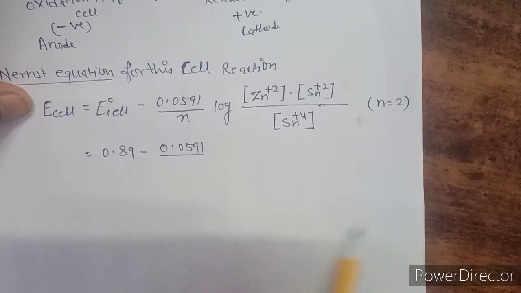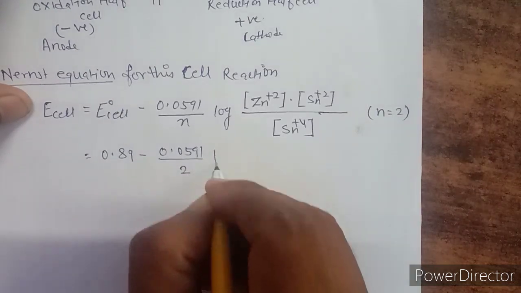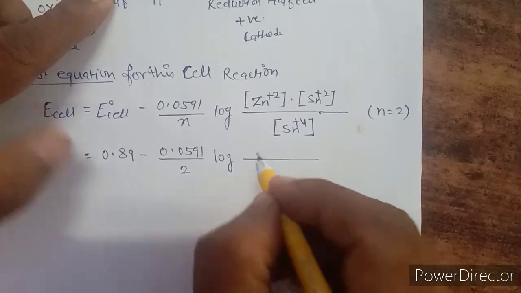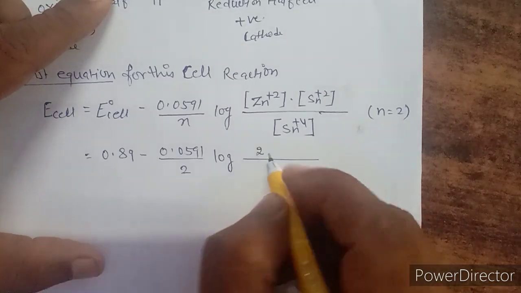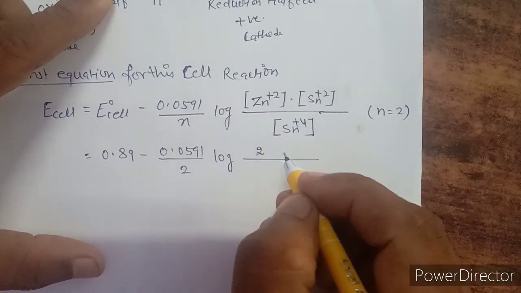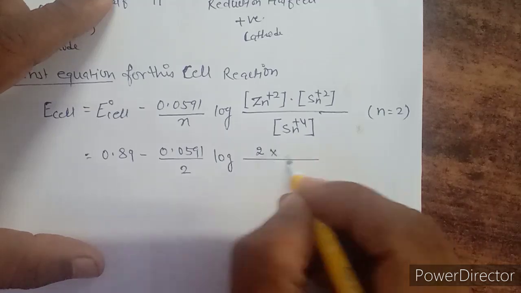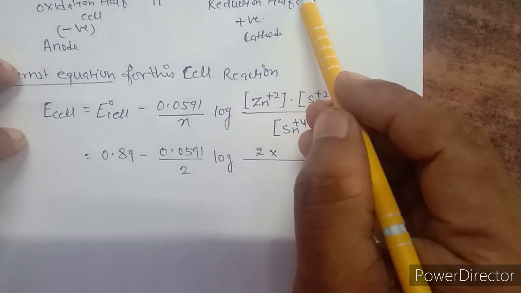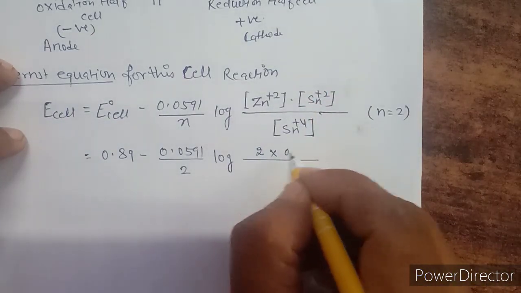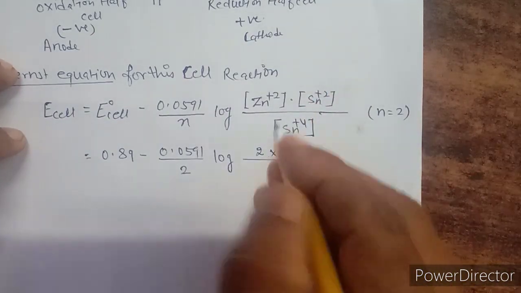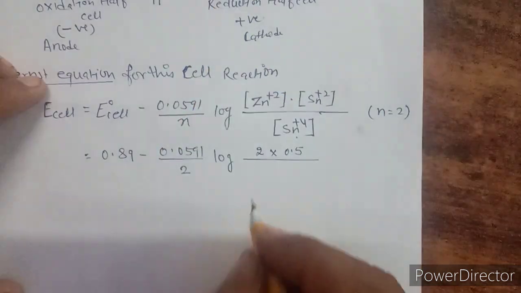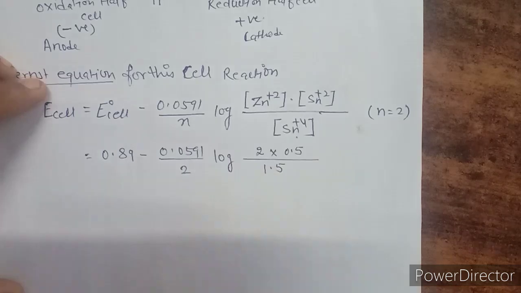That's why you put here n equal to 2, and in the log, zinc ion concentration is equal to 2, into Sn+2 ion concentration is equal to 0.5, divided by Sn+4 ion concentration is equal to 1.5. So you write here 1.5.